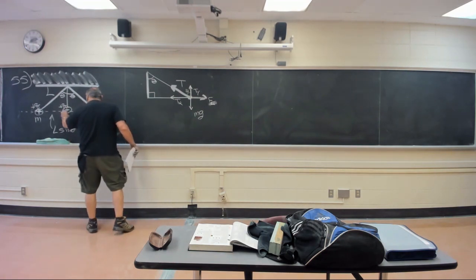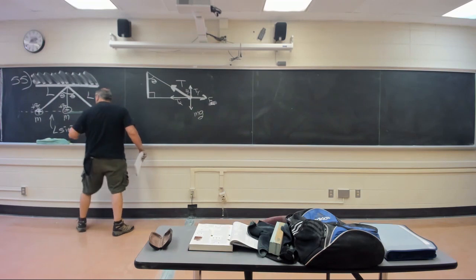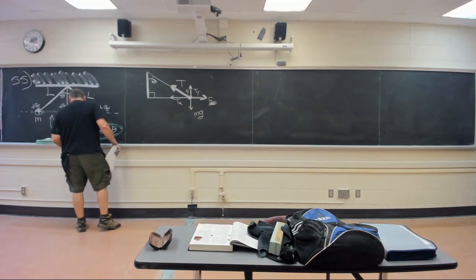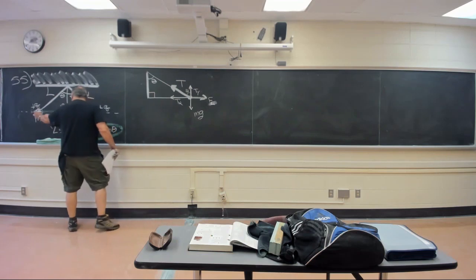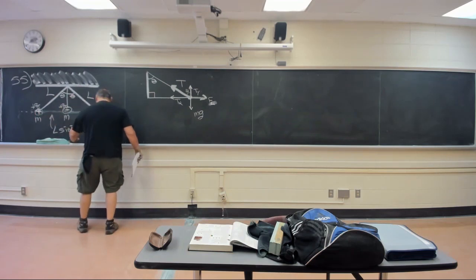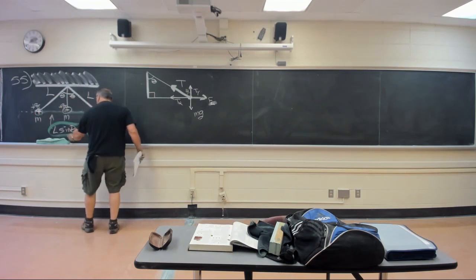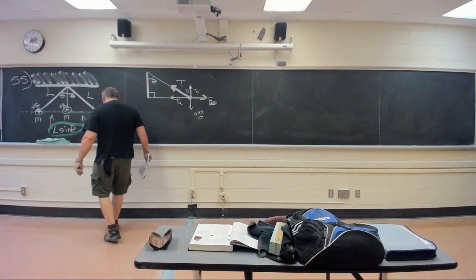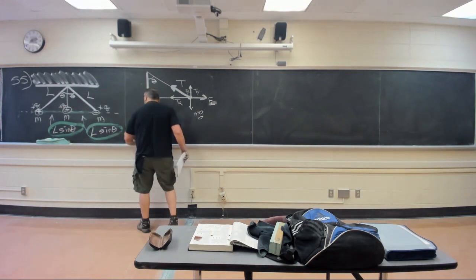That is this length right here, and the whole length from way over here all the way to here is double this. It's L sine theta plus L sine theta, or 2L sine theta.